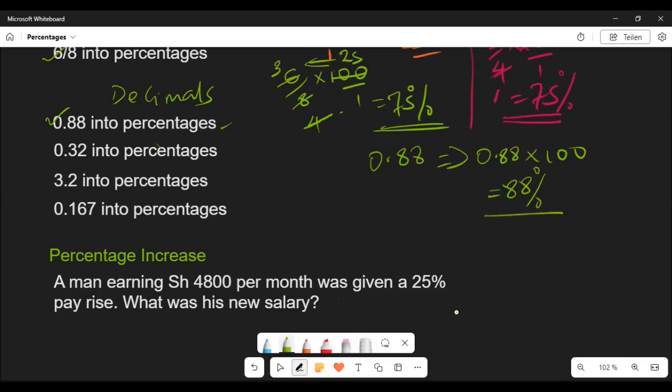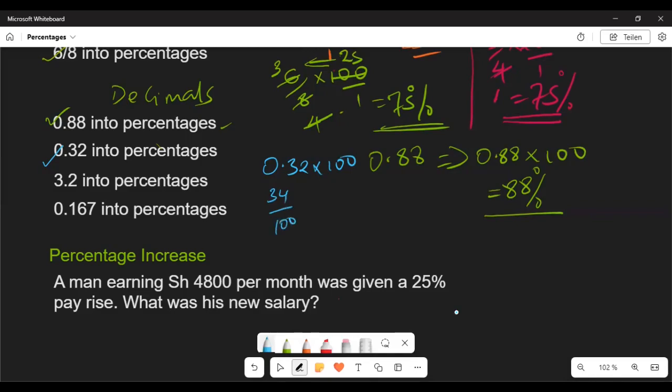Okay, so let's try another one. So let's do 0.32. What we're going to do here to quickly get our answer is multiply that by 100. But actually it means here it's just 32/100.